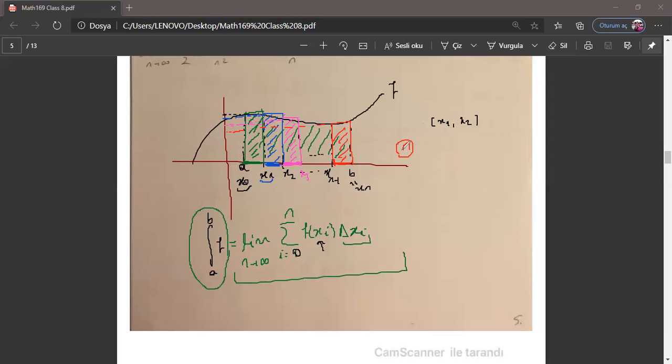For some fixed n, we have this; if we take the limit, we obtain the integral. That's why it is the formal definition of the Riemann integral, and this sum is called the Riemann sum. That's why we give the formal definition like this.